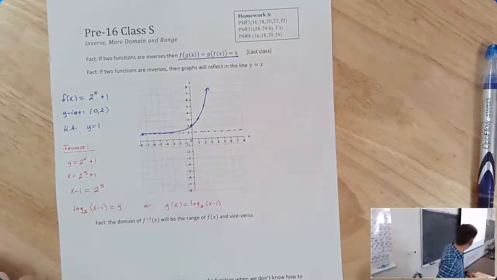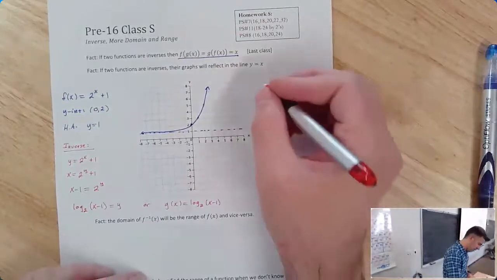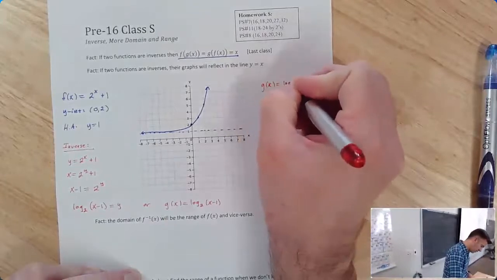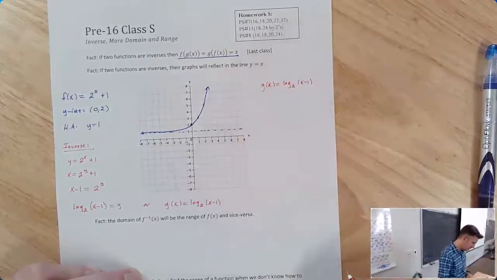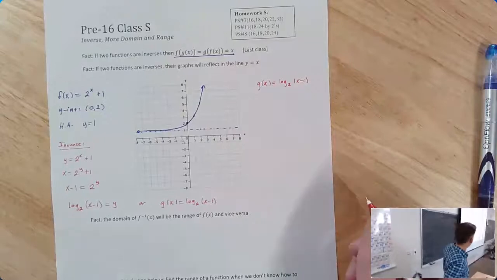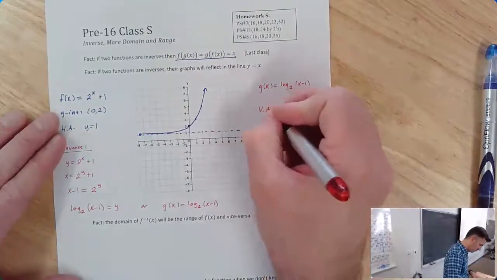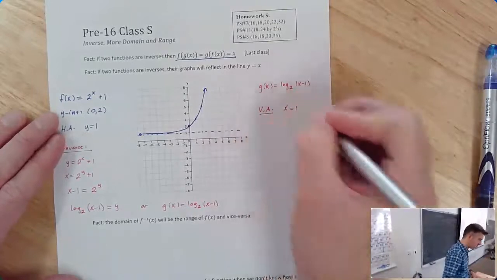So there's an inverse function, and let's talk about it before we graph it. For g of x equal to log base 2 of x minus 1, instead of a horizontal asymptote at y equals 1, we get a vertical asymptote at x equals 1.